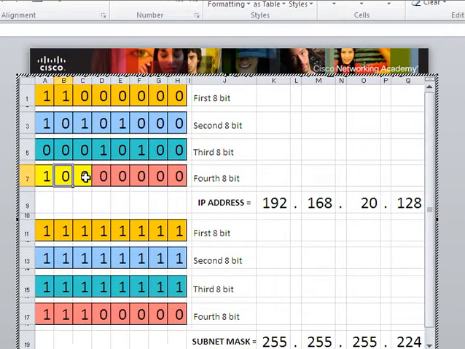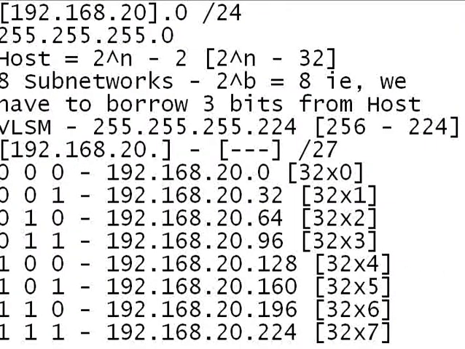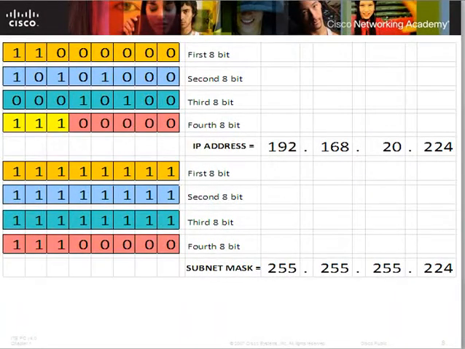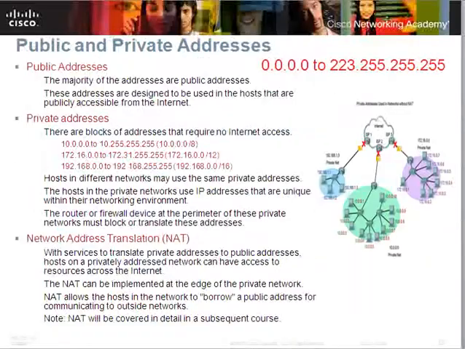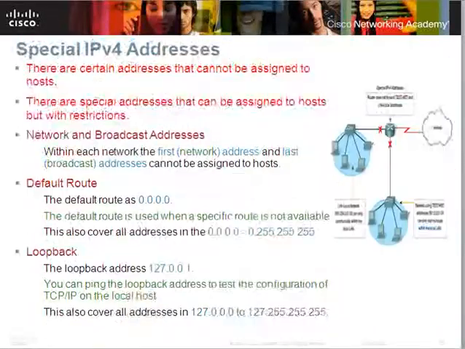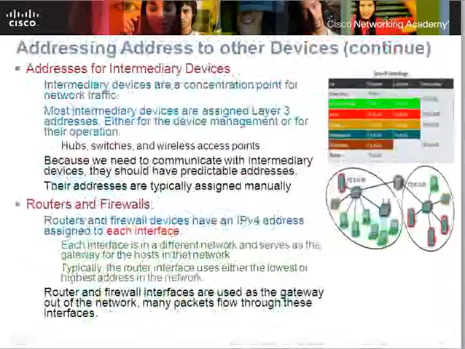Now coming back to the previous slide, where I was, that's calculating of subnetworks. When I was calculating the subnetworks in this particular slide, you can see I got all the subnetworks and all will be /27.